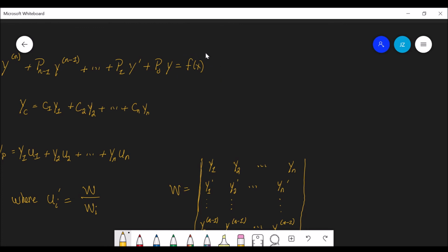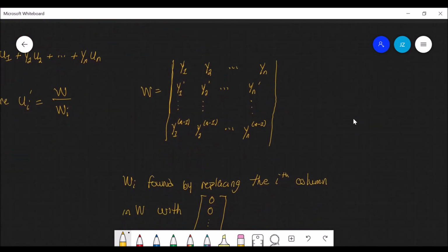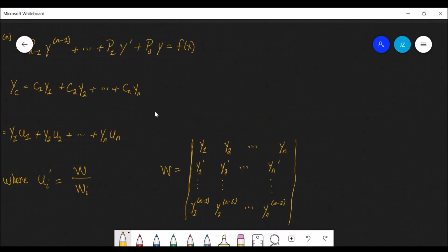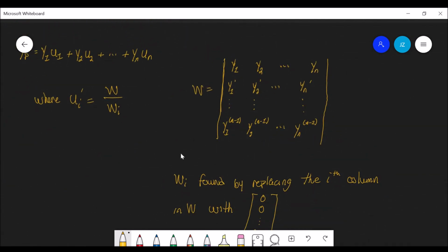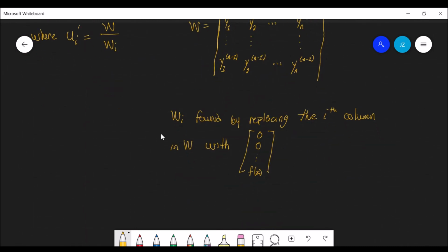Variation of parameters has no such restrictions. However, it can be a bit more of a pain depending on the order and what you get out of the w's. That concludes this lesson. I hope you've learned something, and we'll see you in the next one.